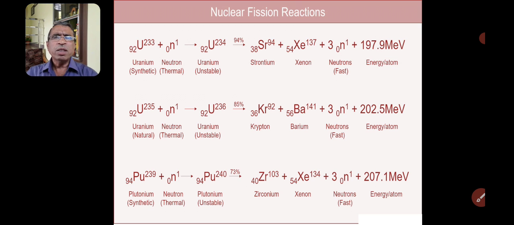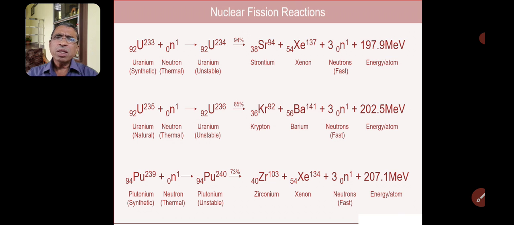When a thermal neutron hits this nucleus, we get strontium and xenon and 3 fast neutrons, and the energy evolved is 197.9 million electron volts per atom, which is comparatively lesser than uranium-235.